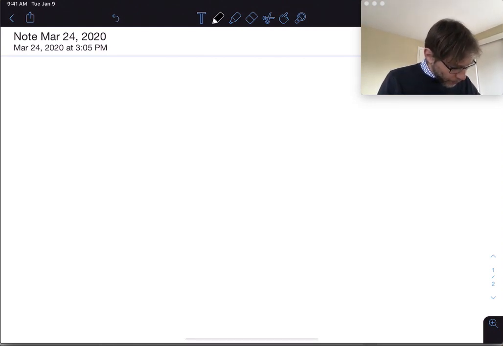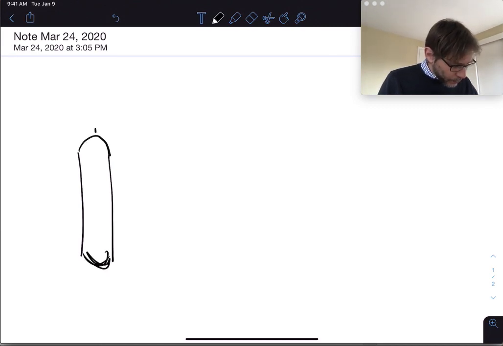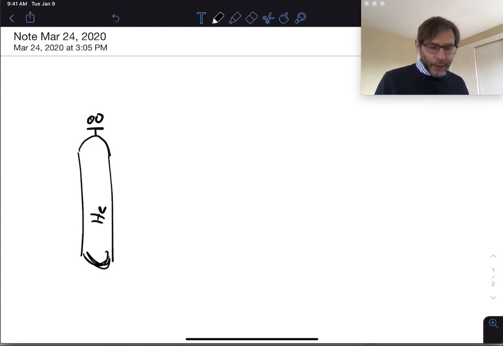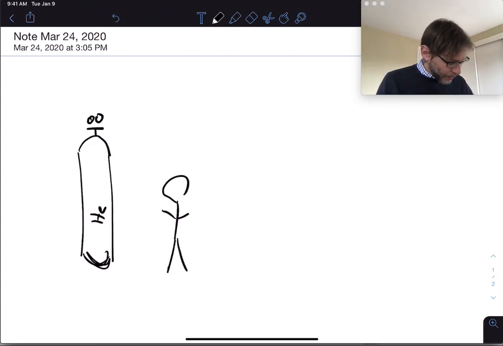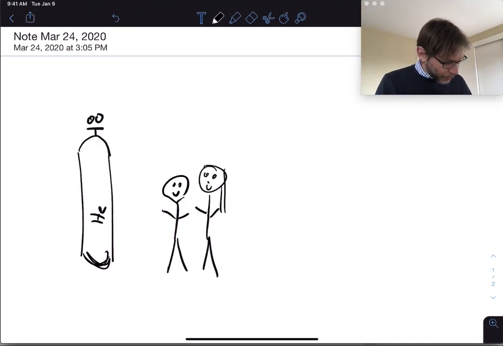Imagine you've got a tank, some gas cylinder, with a valve on the top. You have a tank of helium, and you're going to blow some helium balloons for the kids. Here's my stick, kids. Well, I have 2 kids, so I'll put them both in there. I have to be fair. I have my daughter here and my son, and they both want balloons.